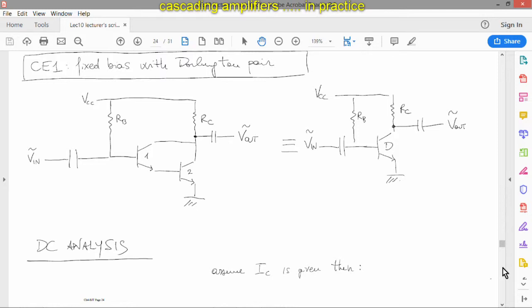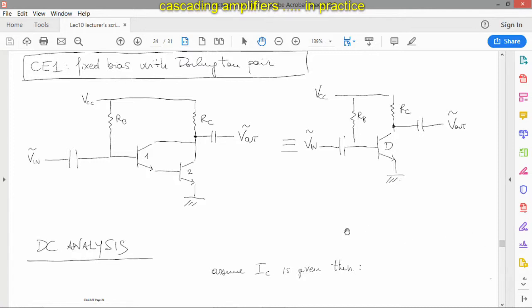Here is an application, an example of using the Darlington pair, because we realized the Darlington pair effectively is a BJT, operates like a BJT, simply larger everything: amplification, input impedance.